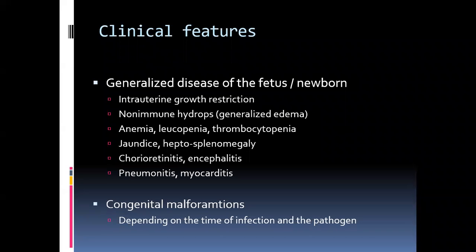In the last lecture we already covered hydrops fetalis, and also anemia and leukopenia. Anemia is a decreased hemoglobin concentration, leukopenia is a decreased number of leukocytes, and thrombocytopenia is a decreased platelet count, which produces a bleeding tendency, a bleeding disorder. There is also jaundice and hepatosplenomegaly, enlargement of the spleen along with the liver.